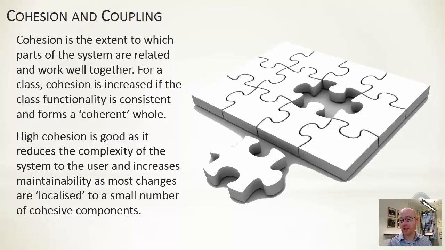Equally, if I had a class that some of the methods did this and some of the methods did something different, and the two are not really related, that class isn't particularly cohesive. There's different functions within it. So we want to try to make sure that our design for our classes, for our components, that they have good cohesion, they make sense as a whole when we look at their constituent parts. They all fit together.